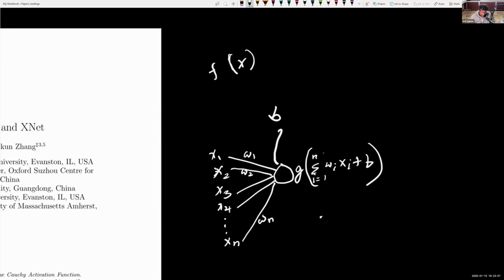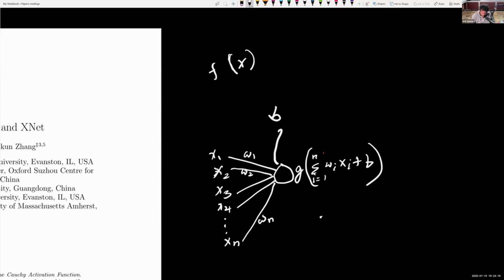The weights are w1, w2, and so on up to wn. So we do a weighted sum. In terms of equation, that will be summation i equals 1 to n of wi xi. So that is your weighted sum output.